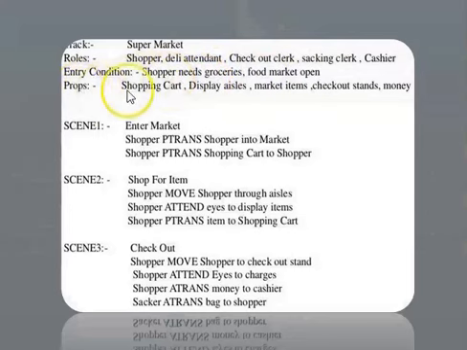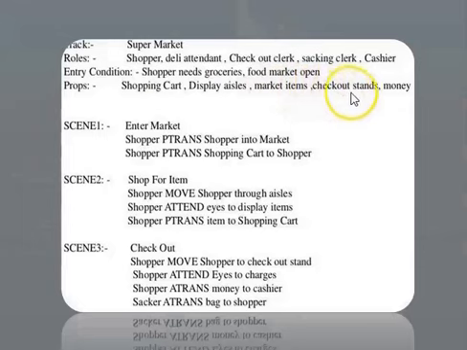Then the properties that we will be using in the supermarket will be the shopping cart for putting the luggage or materials that we are taking. Then some display boards regarding the price of the items or the description of the item. Then market items, the objects that are to be sold, will be kept in racks and all.